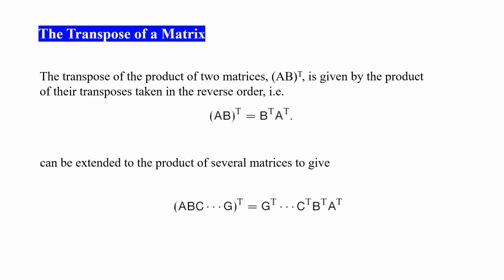If you have, for example, A times B times C up to G, transposed, then we take the reverse: we start with G and go up to A, taking the transpose of each individual matrix. That is the transpose of the product of two matrices or of several matrices.